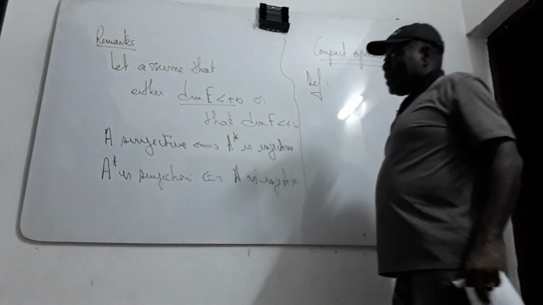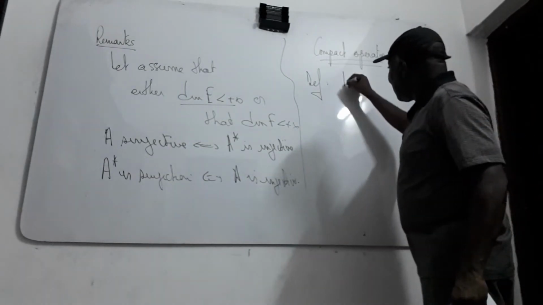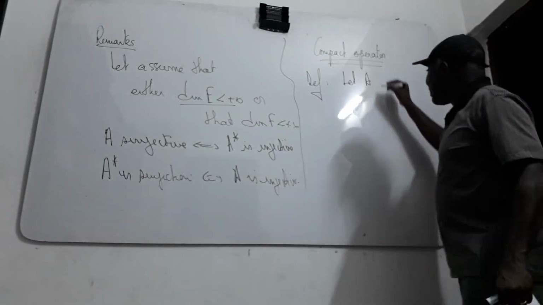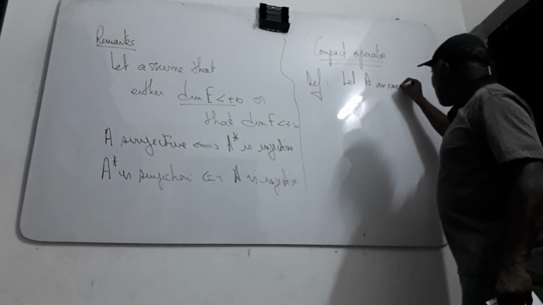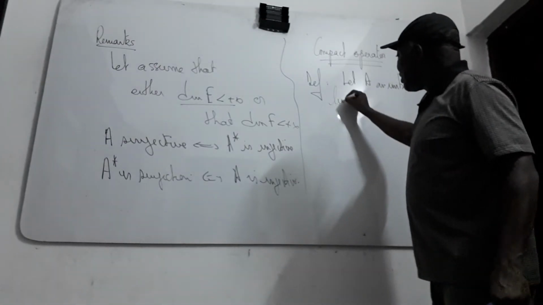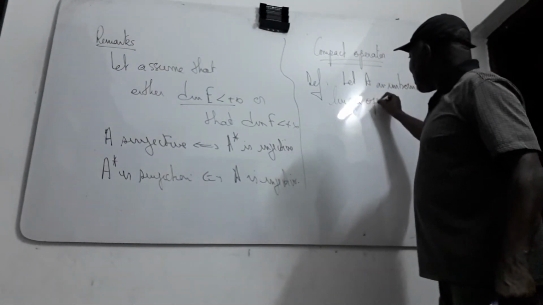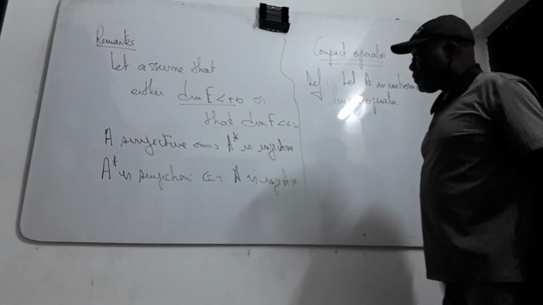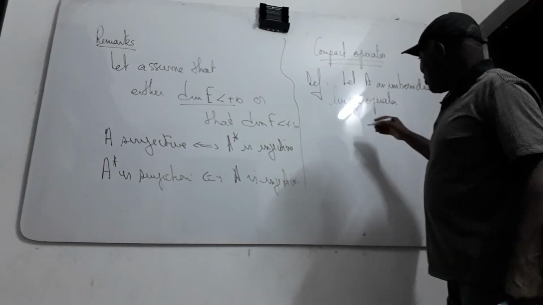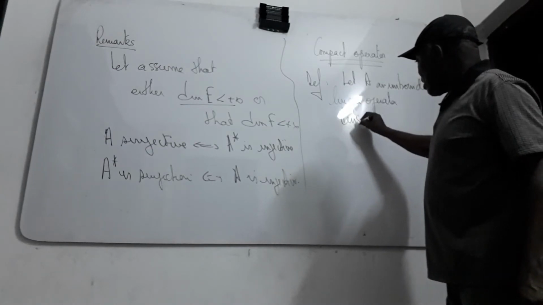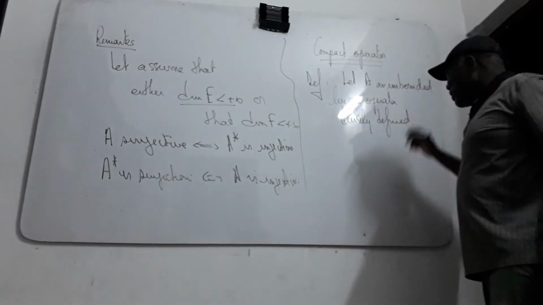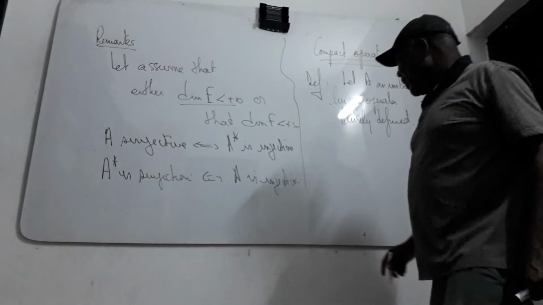Let A be an unbounded linear operator. Also, you suppose that it is densely defined.